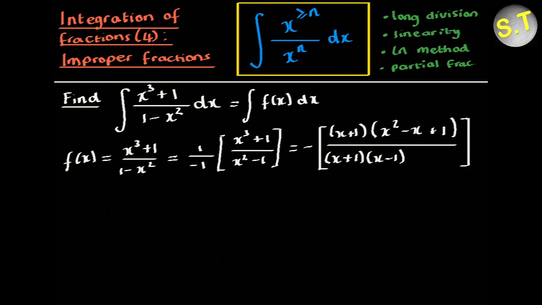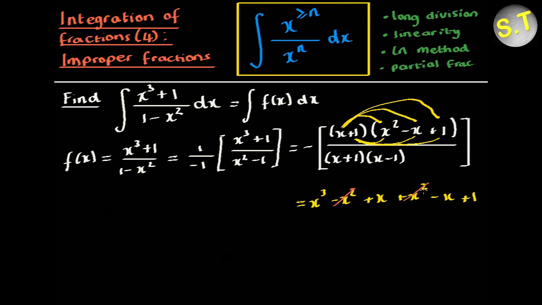So before going any further, let's just check that we're right. So we'll check that there. So we have x cubed minus x squared plus x squared minus x plus 1. We can see that the minus x squared will cancel with this one, and the plus x will cancel with the minus x.